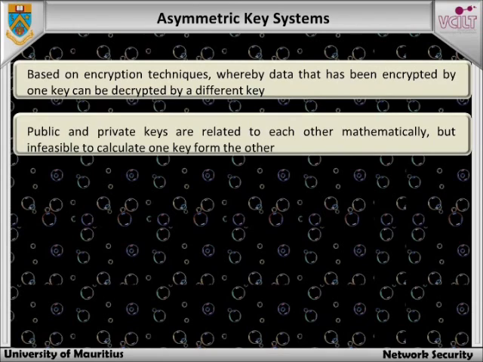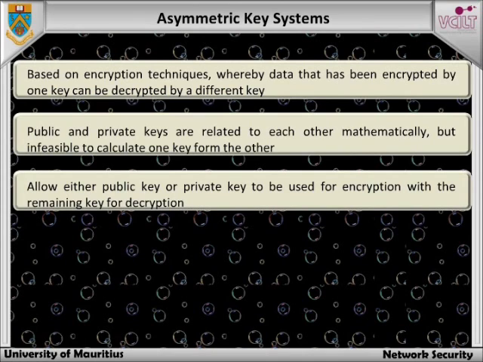The keys are, in fact, related to each other mathematically, but this relationship is complex, so that it is computationally infeasible to calculate one key from the other. Thus, anyone possessing only the public key is unable to derive the private key. They are able to encrypt messages that can be decrypted with the private key, but are unable to decrypt any messages already encrypted with the public key.